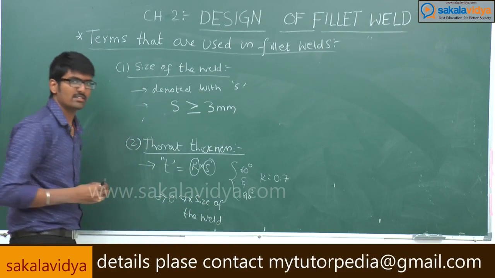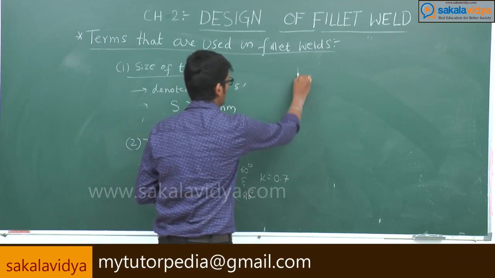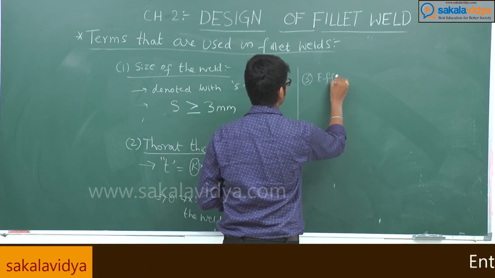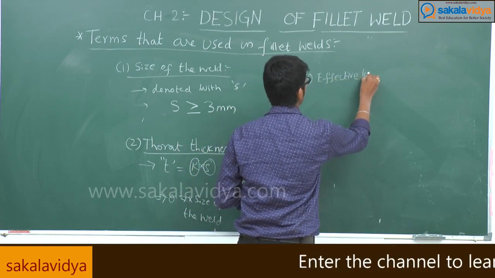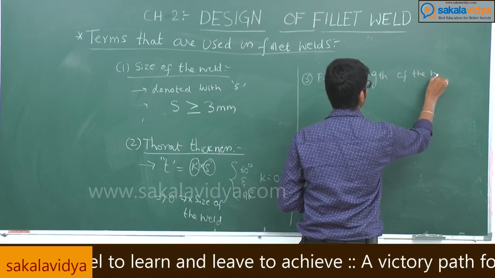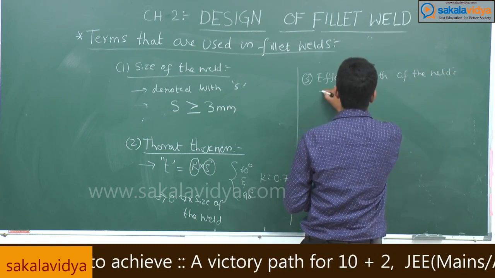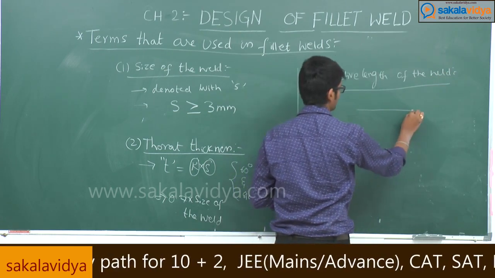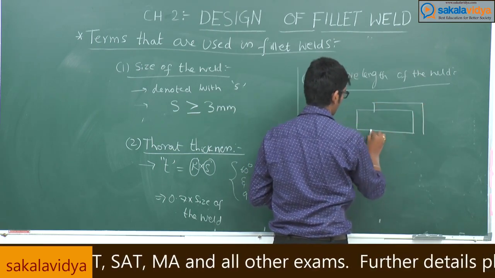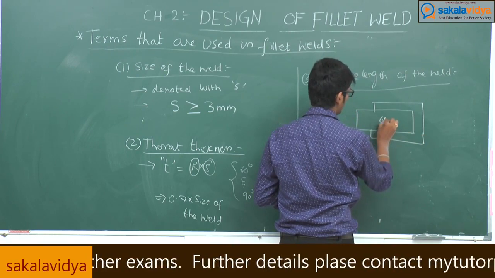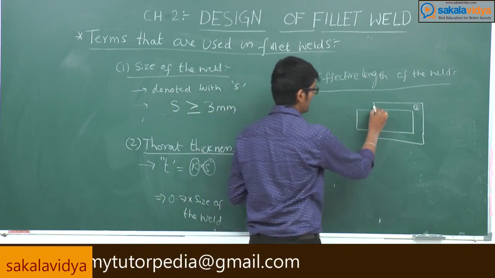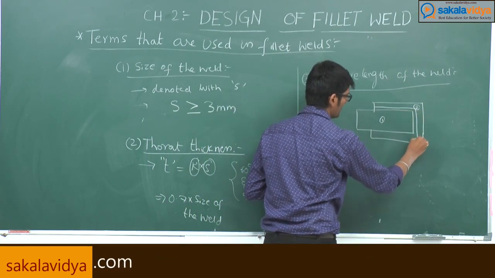And the next one is the effective length of the weld. For example, we have a plate. It is overlapped or placed on one more plate. This is plate 1, plate 2. So we have to weld it. Welding is done from here to here, from here to here, from here to here.